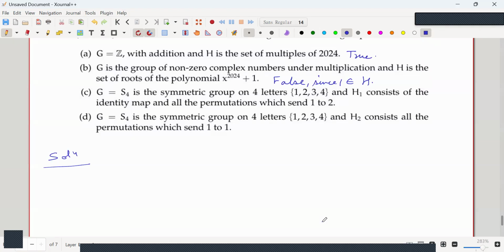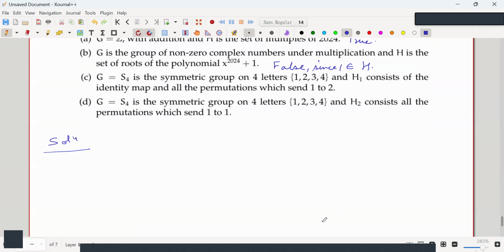If you have one map which is sending 1 to 2, and you have another map which is also sending 1 to 2, whether... this is even easier. Identity is already given, so your trick doesn't work here, right?